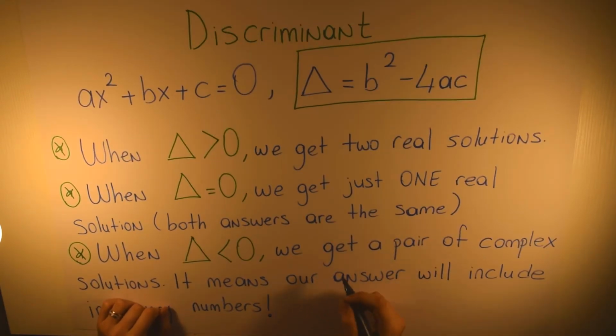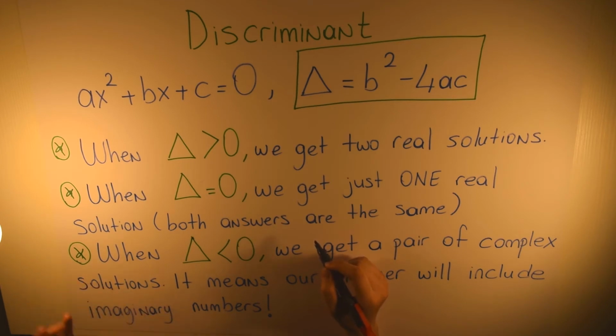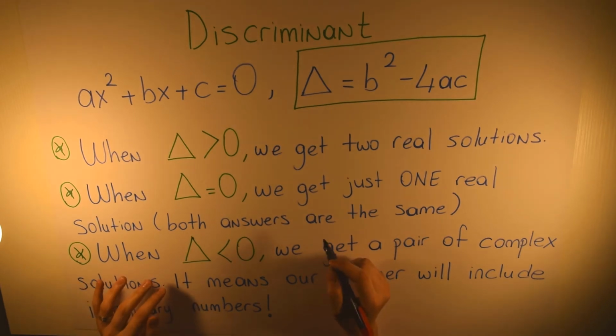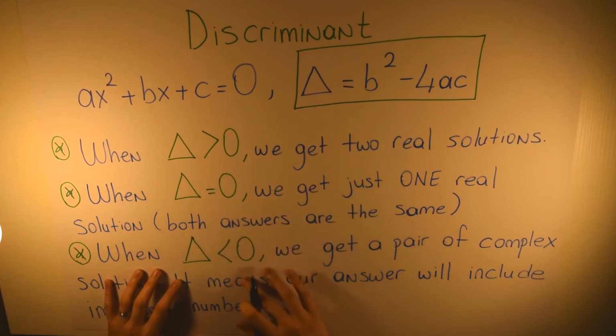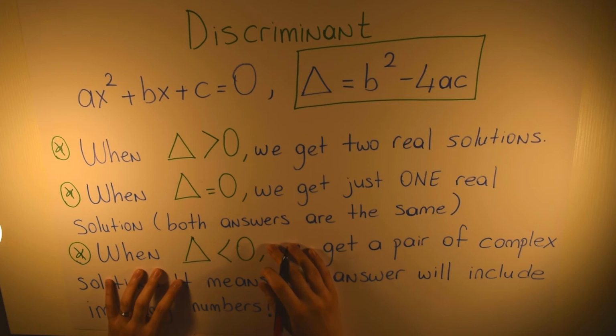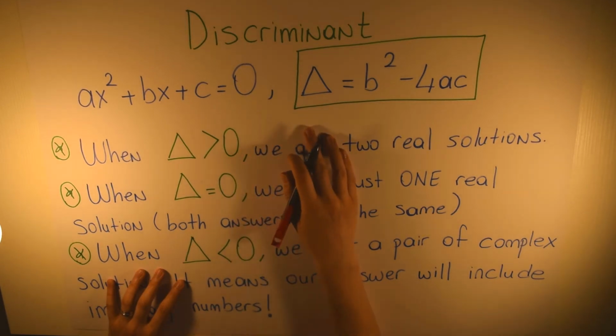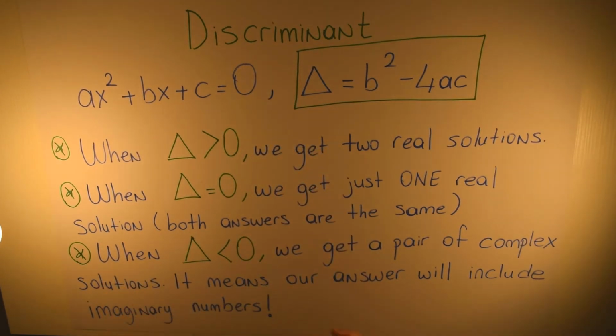Let's continue with the discriminant. The discriminant is a very important topic when it comes to quadratic equations. You have to know these conditions and this formula in order to find your solutions in quadratic equation questions. It is called the discriminant because it can discriminate between the possible types of answer.